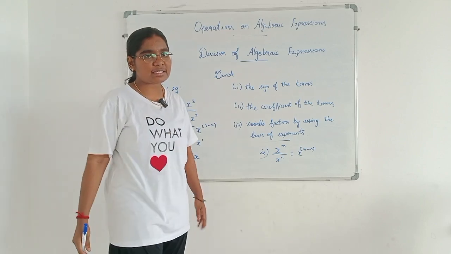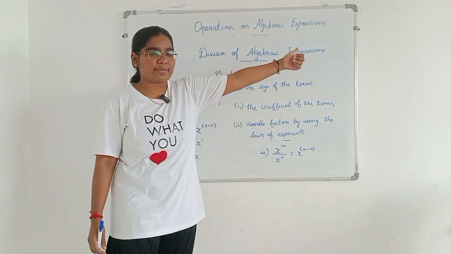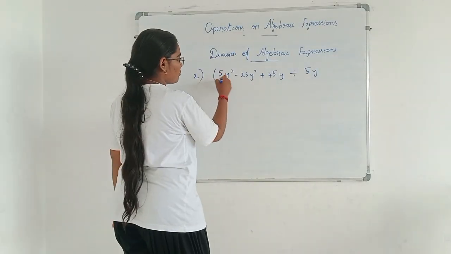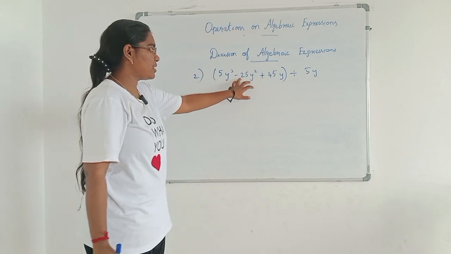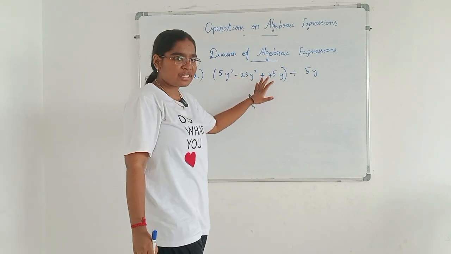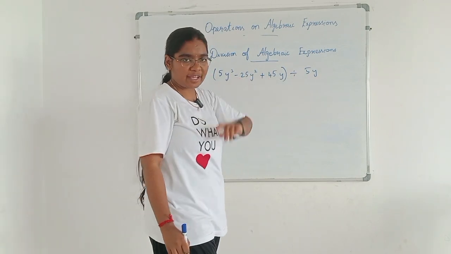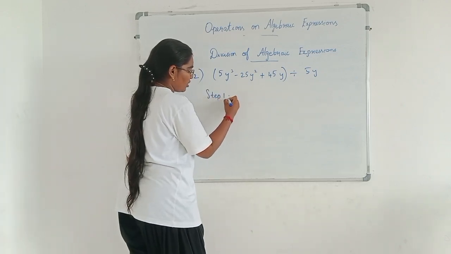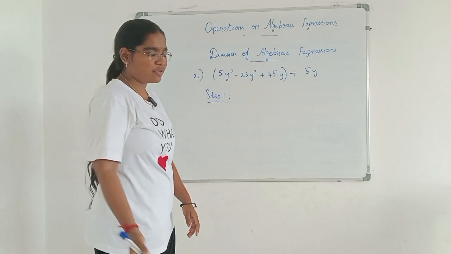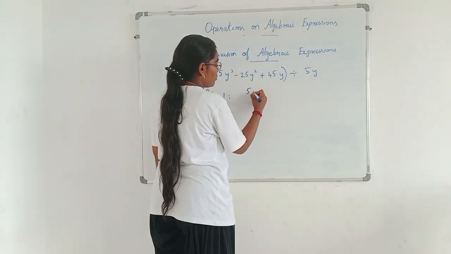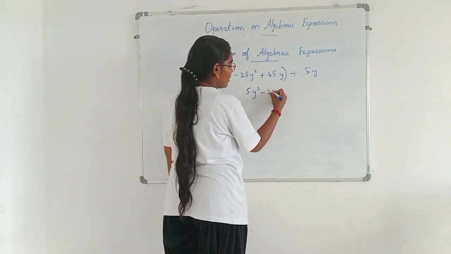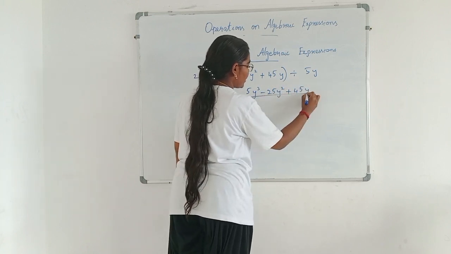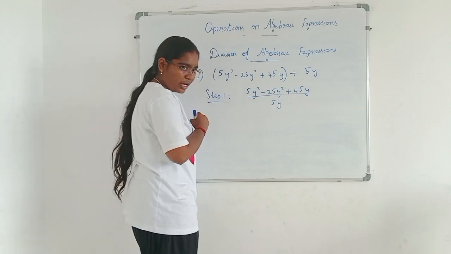Now we can see some more examples related to division of algebraic expressions. Consider this example: 5y cube minus 25y square plus 45y divided by 5y. Step 1: write this in division format. 5y cube minus 25y square plus 45y divided by 5y.